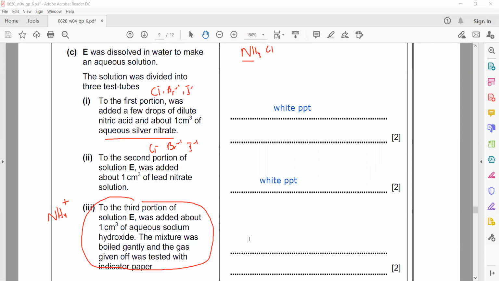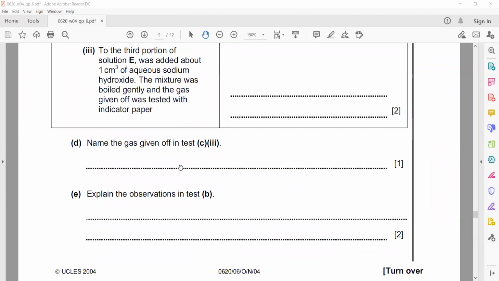We will observe a pungent gas which will turn red litmus blue, because that's an alkaline gas. Ammonia is released on adding sodium hydroxide.